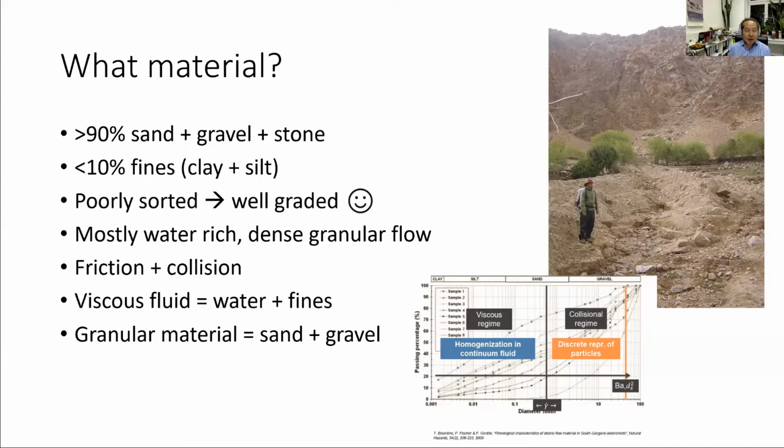This is usually treated as part of the fluid, because they are suspended during the flow process. So this 10% fines, clay and silts, are added to the water and treated as a viscous fluid. And one of the things we do here is to look at whether a particle can be added to the fluid or treated as part of the solid, by looking at how fast it settles compared with the flowing process.